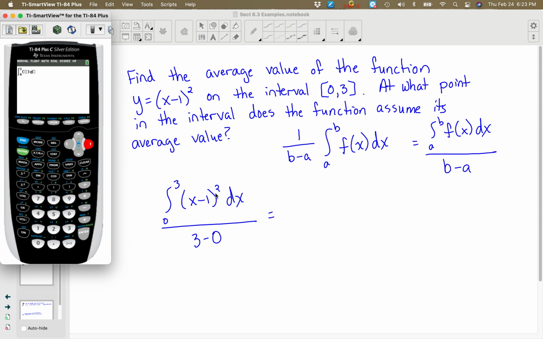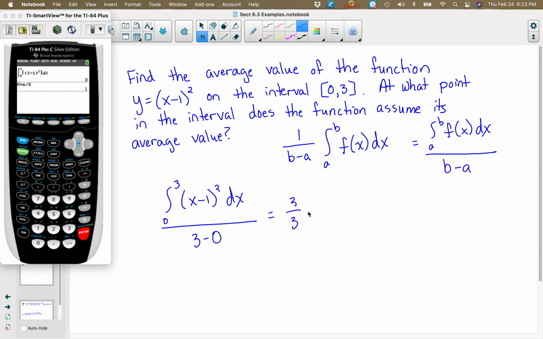Because I'm going to need to put an additional parenthesis in here, x minus 1, be careful with those parentheses, because one parenthesis is just for the integral dx. And I'm going to just do this answer, divided by 3, and I just used my calculator to do that. And so the answer would be 1. So that's the average value of the function.